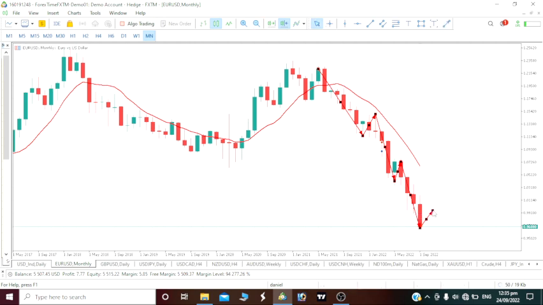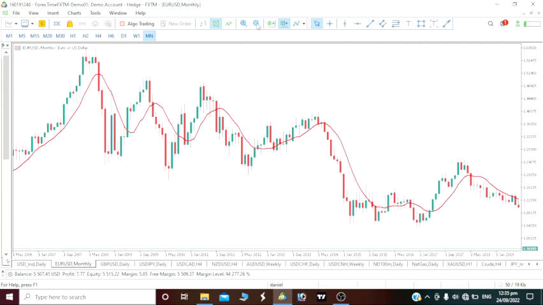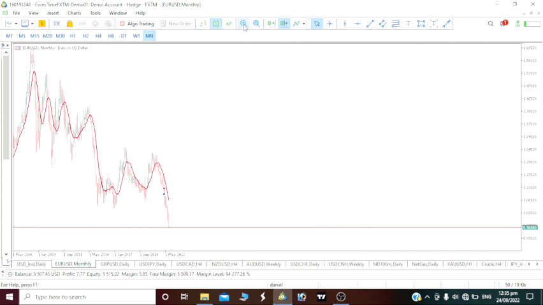But before we expect this correction, we would want to zoom out to look for any key level. Let's see if we can spot any key level. We can't get to the key level here, it's not full. By the way, on the monthly time frame we are still bearish, and we would be expecting a correction, which we will be getting anytime soon.